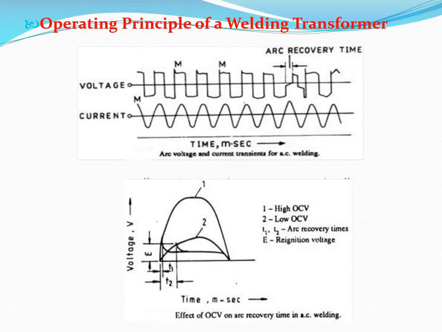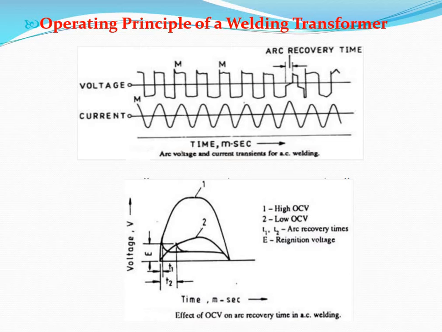Therefore, the arc recovery time should be as short as possible. For example, with a current of 160 to 250 amperes, an arc is readily initiated when the transformer has an open circuit voltage of 55 to 60 volts.